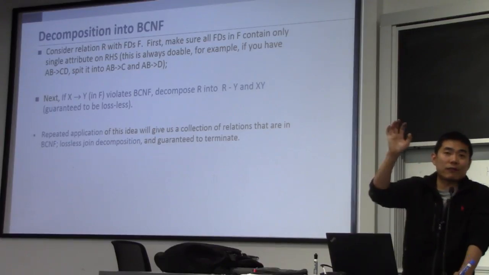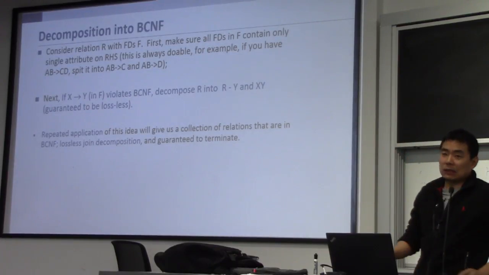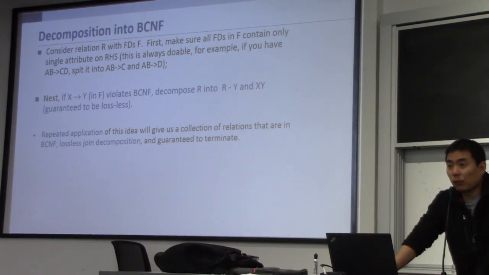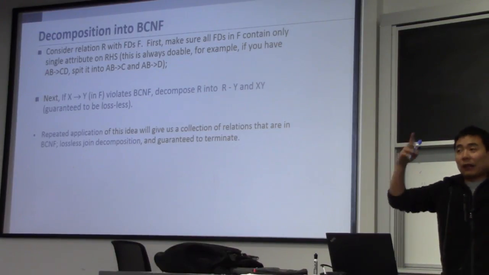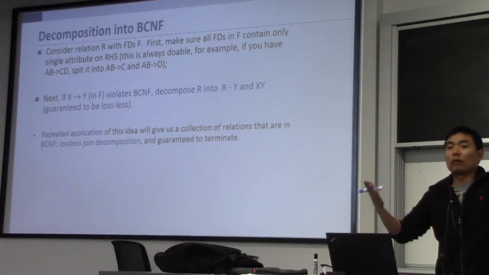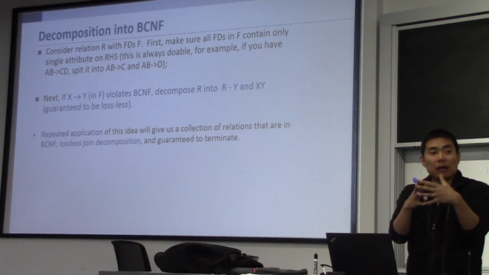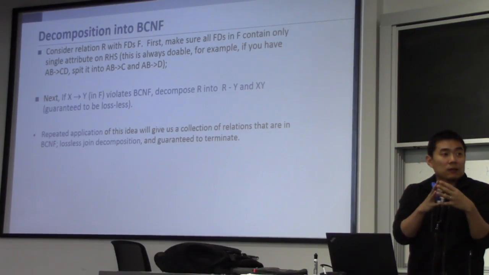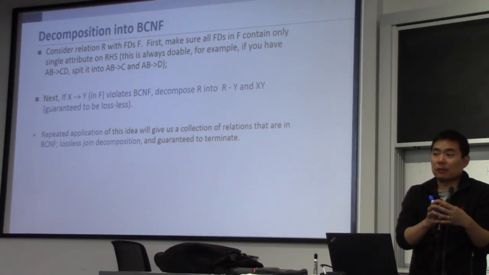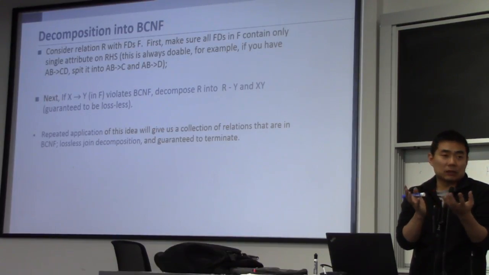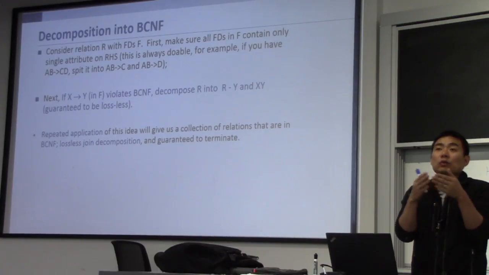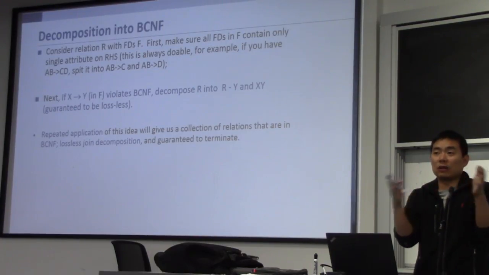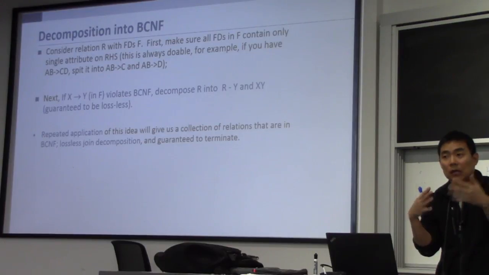Okay, so now we are finally ready to talk about the decomposition algorithm for BCNF. All this discussion, at the end of the day, our objective is the following: if an input schema does not satisfy BCNF, it's not in Boyce-Codd normal form, then we want to decompose that schema into a set of schemas that are in BCNF.